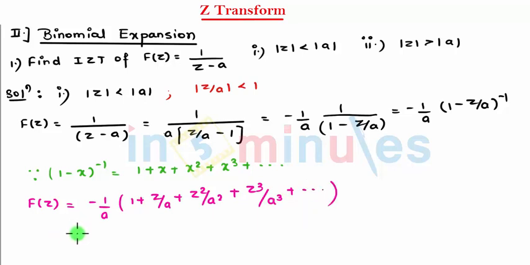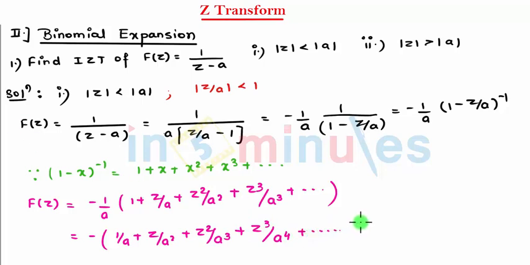After multiplying 1 by a inside, I can write 1 by a plus z by a square plus z square by a cube plus z cube by a raised to 4 plus and so on. The general term, if I write this as z raised to k, will be a raised to k plus 1.